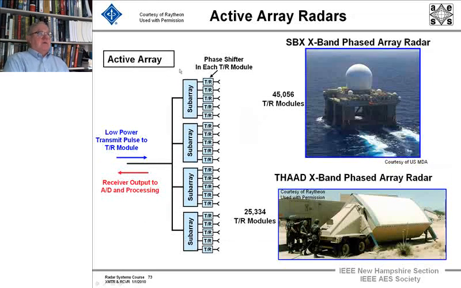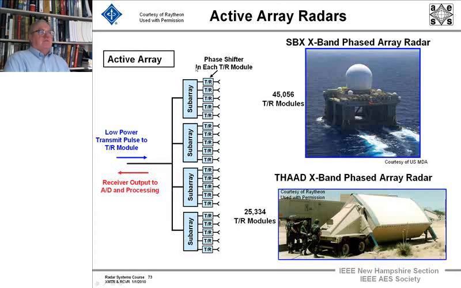In active arrays, a low power transmitted pulse goes out to TR modules, and the power can be distributed through a subarray section where we'll divide the power up, and each phase shifter is different in each transmit-receive module, and it will go out to different subarrays, and we'll transmit out all of our different elements in TR modules.